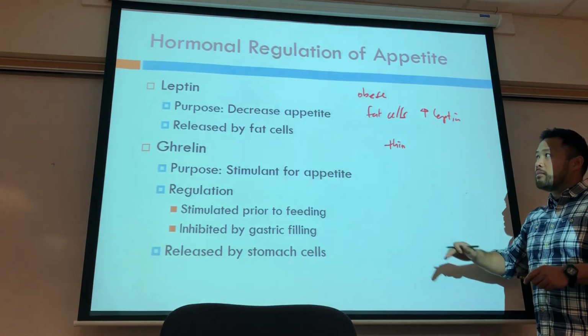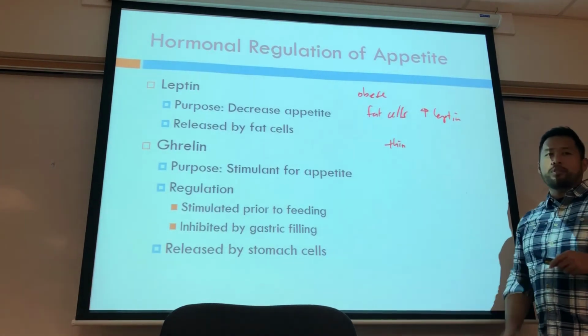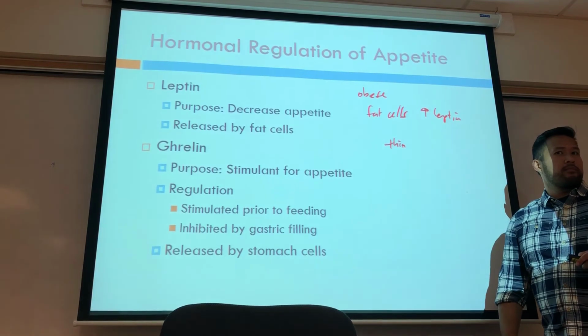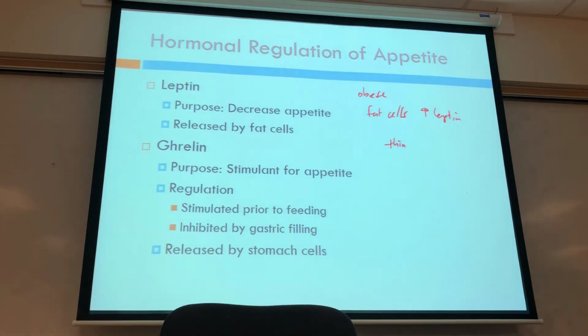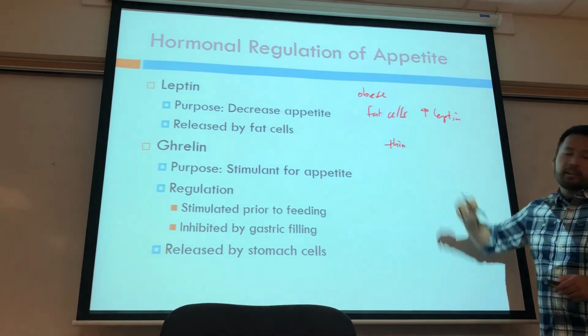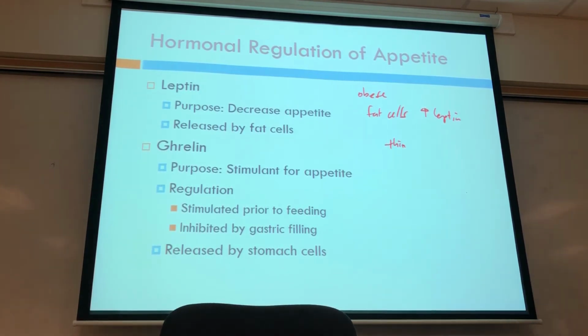And the less leptin, the less capacity you have to decrease your appetite. So in other words, thinner people are hungry. Okay? So the whole purpose of leptin is to govern your level of appetite.